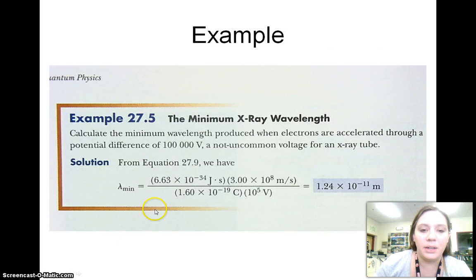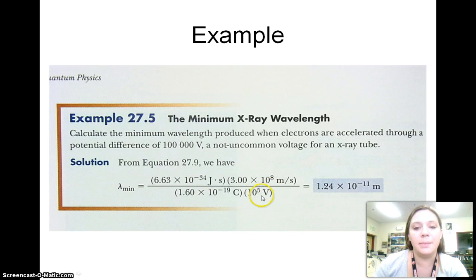Then we plug in our information. We have h in joules, because we're using the speed of light, divided by the charge of an electron times the potential difference, which is 100,000. And so we get the wavelength of the emitted photon to be 1.24 times 10 to the negative 11th meters.